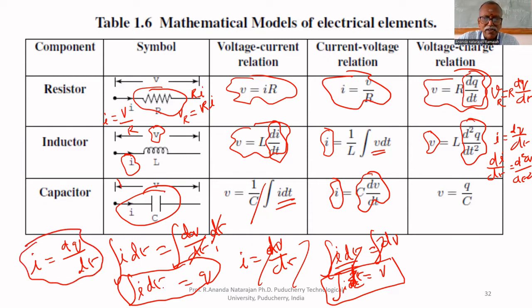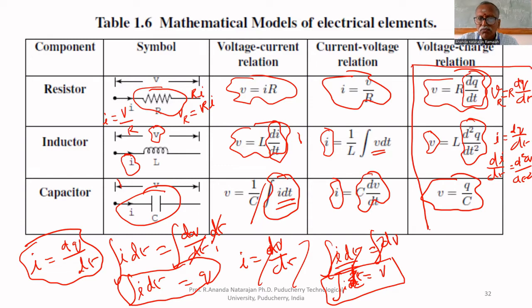Here, integral of I dt is there. So we can replace this integral of I dt by q. Therefore, V equal to q upon C. Why all these equations? Why all these?